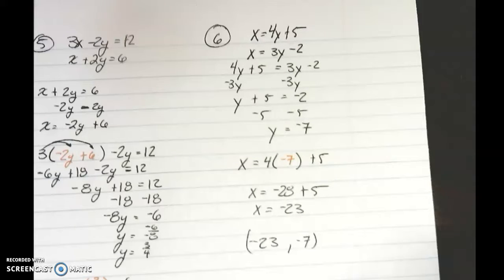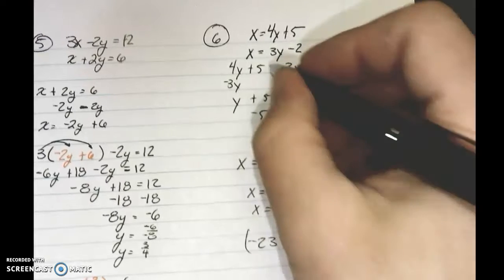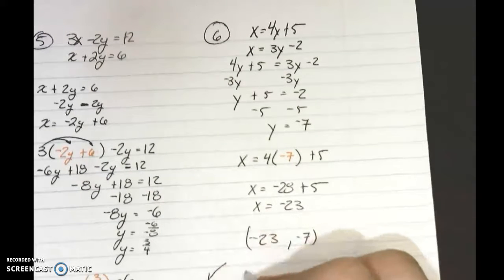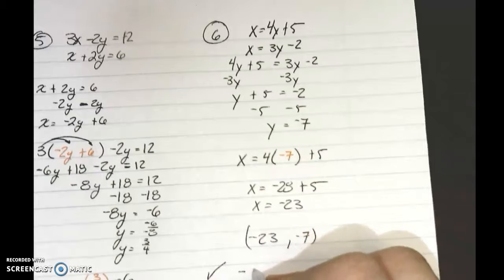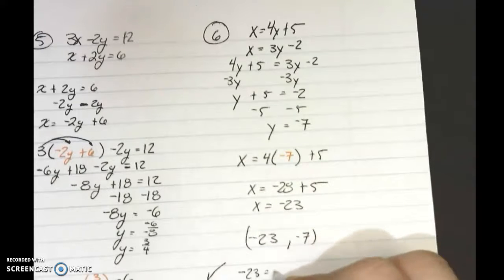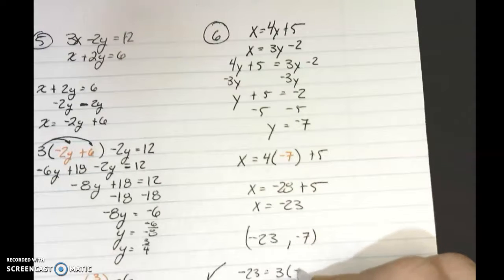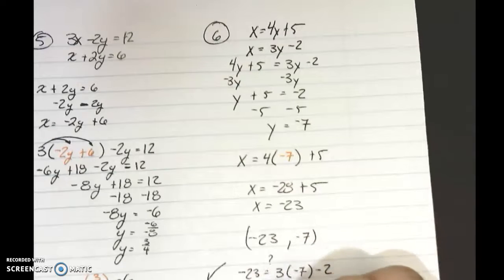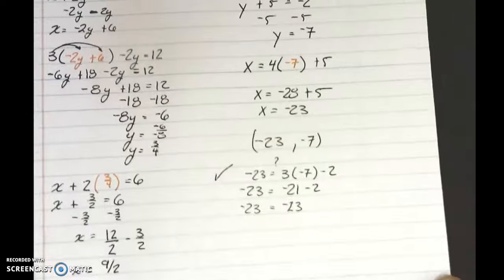And then don't forget, if you think you have a wrong answer, you can always substitute it in and do a check. So I'm going to use the second one. So I'm going to say, well, x is negative 23. Does that equal 3 times negative 7 minus 2? That's my question. So then I have negative 23, negative 21 minus 2, negative 23 is equal to negative 23. And then if I still think I did it wrong, let me scoot that up. So that's my check.